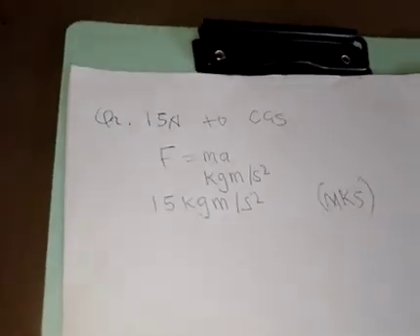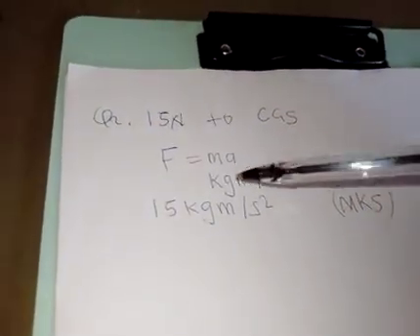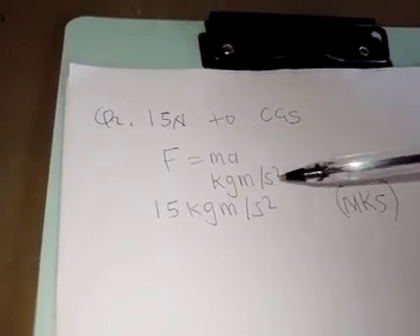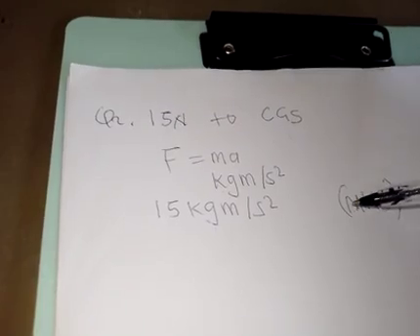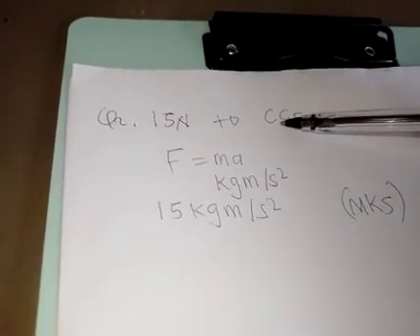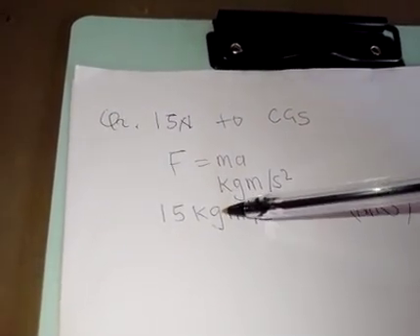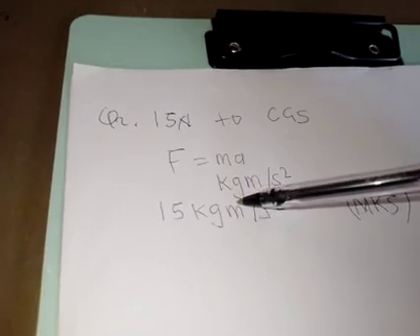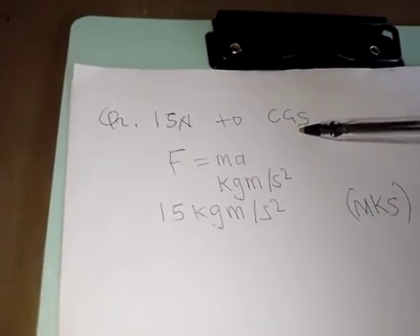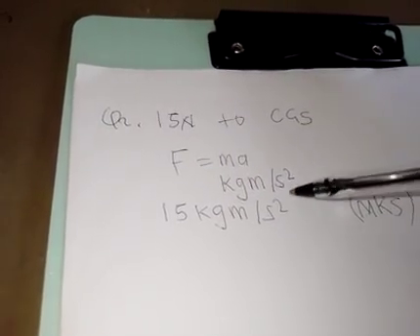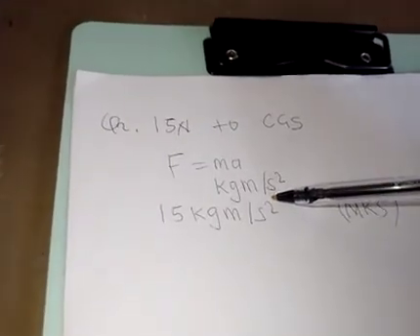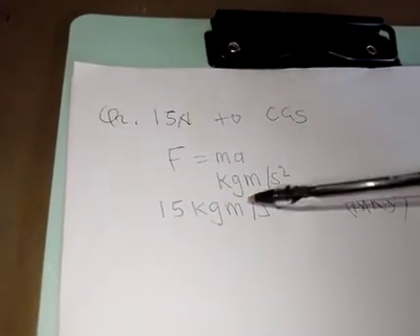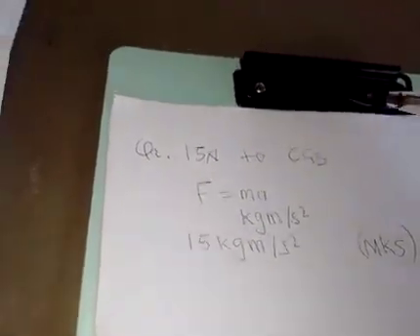How do we do that? Let's compare. Mass in MKS is in kg, but it should be in grams. Length is in meters, it should be in centimeters. Time in seconds should be maintained. So the aim is to simply convert kg into grams and meters into centimeters.